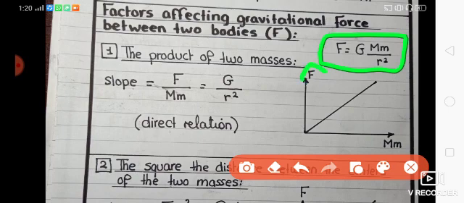The relation between the force and the product of the two masses is a direct relation, as we can see, because it is a straight line passing through the origin. How can we get the slope? When we cross out what is on the graph, cross out the F, cross out M times m, we will find that the slope will be G capital over r to the power 2.